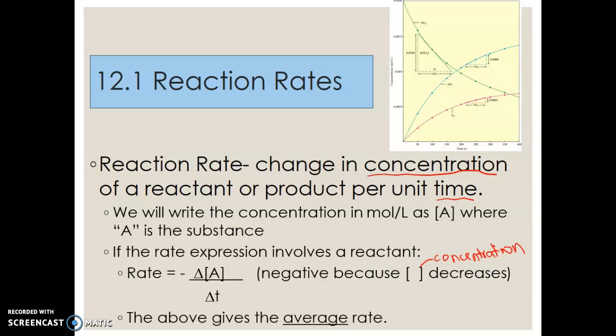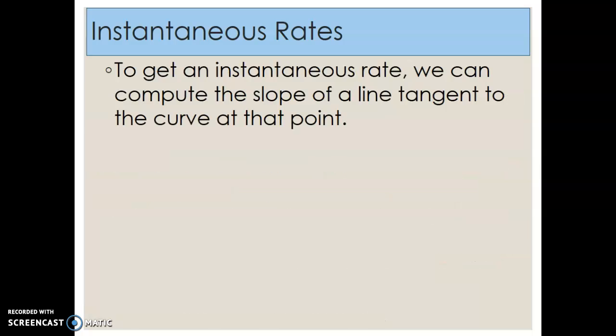The above gives an average rate. So this equation here is going to give us the average rate for the reaction. Now, why does it matter that it is an average rate? Well, to get an instantaneous rate, we can compute the slope of a line tangent to the curve at that point.